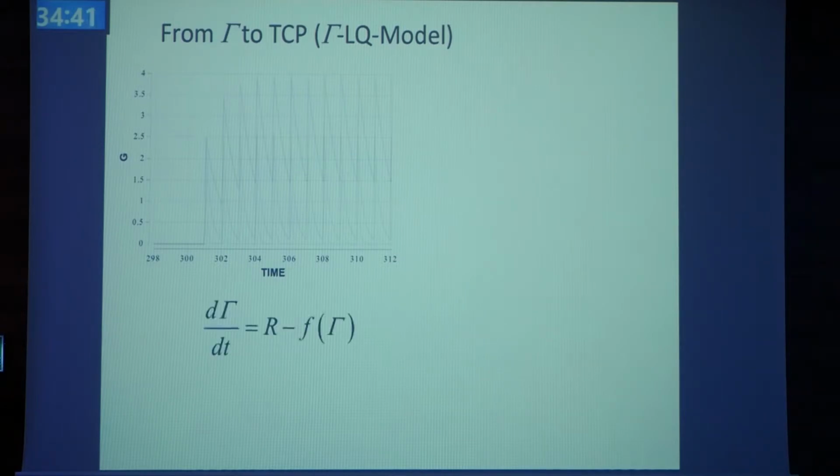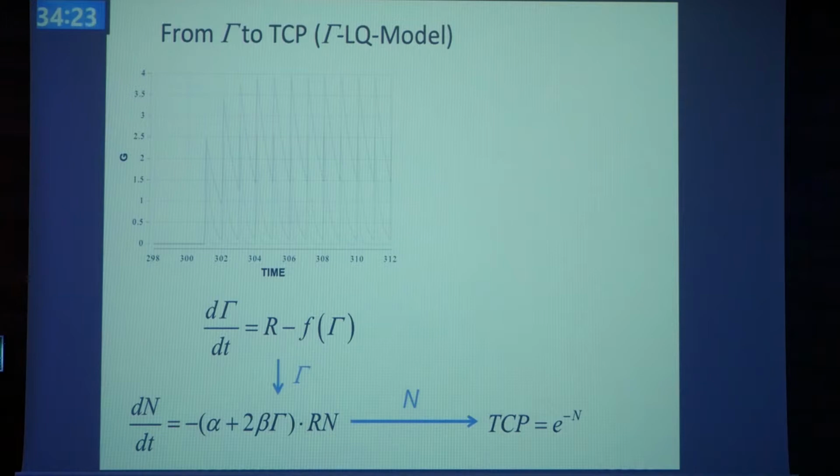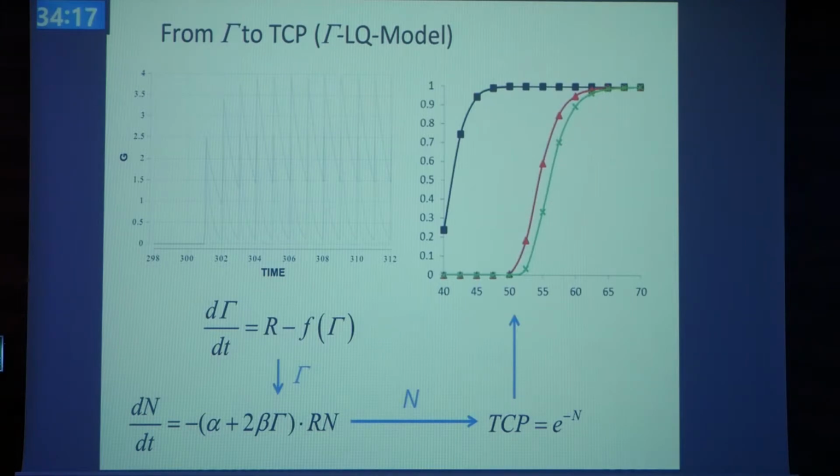From the kinetic model, you can calculate the gamma dose, and with that the number of surviving cells. Here the gamma LQ model is taken, but you can do the same with the multi-hit repair model. From the number of surviving cells we can calculate the tumor control probability, and we can in principle convert these situations to tumor control probability.